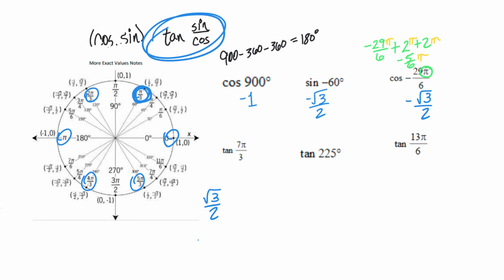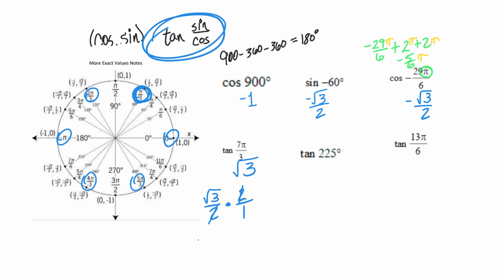But we don't want to divide by a fraction, so instead what we're going to do is multiply times the reciprocal. So the 2's are going to cancel here, and we end up with the square root of 3 over 1, so we just have the square root of 3.